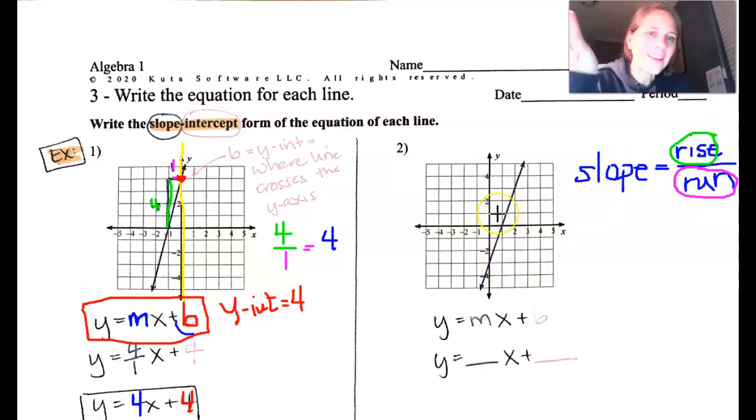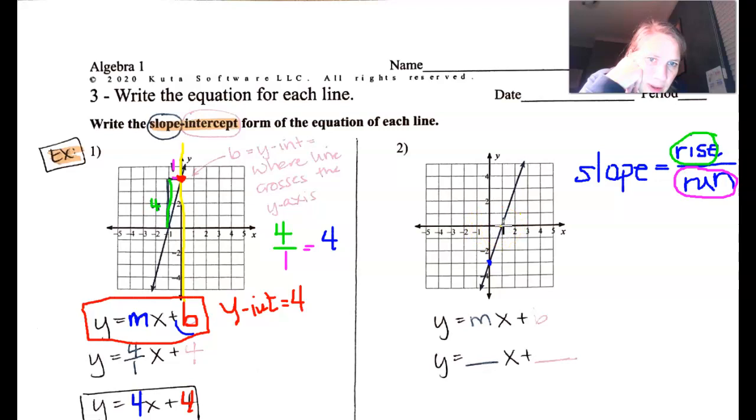They didn't give me any points on this one, so I kind of have to figure out what it's going to be. I can see that I have a couple of points. There's a good point right here, and actually that's my y-intercept too, isn't it? Then there isn't one there, there isn't one there, but oh look, there's one right there.